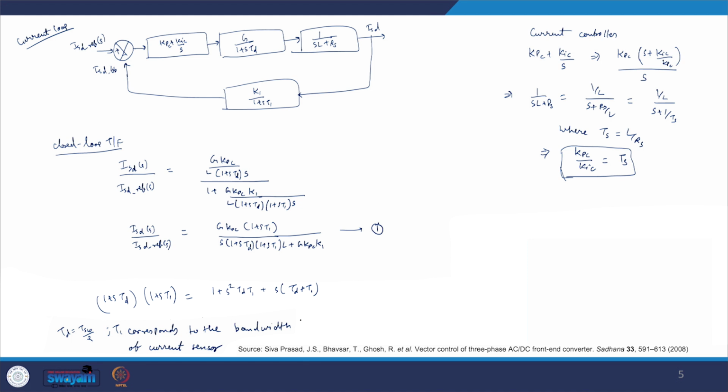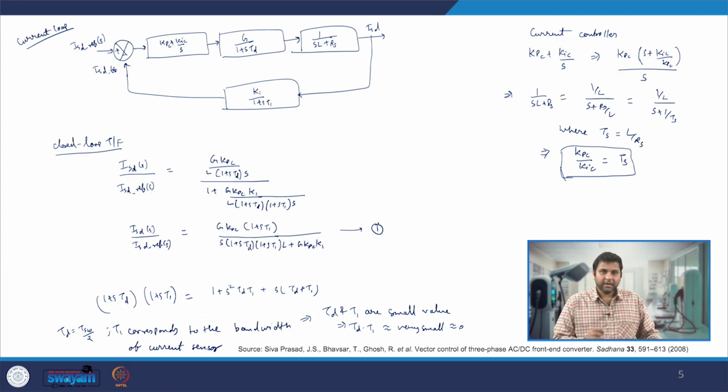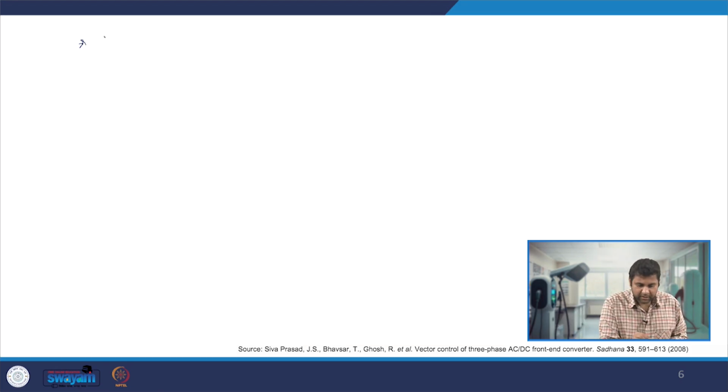So we can write that Td and T1 are small values. That's when we can say the product of Td times T1 is very small, and it is nearly approximated to 0. So that means we can write 1 plus STd times 1 plus ST1 as 1 plus S(Td plus T1).